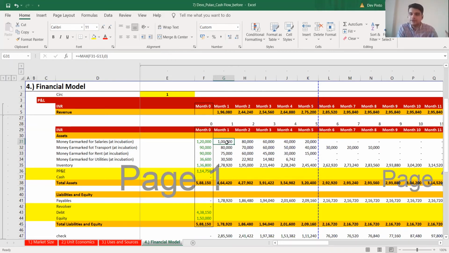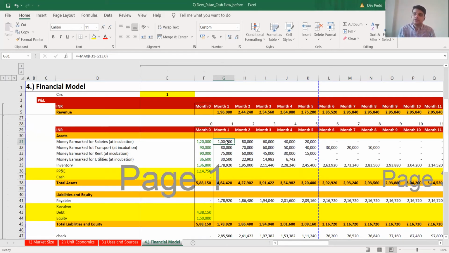If an asset goes up by, say, $100, cash has to go down by $100, as cash is the balancing entry to make the balance sheet balance. So when a current asset item goes up, cash will go down. When it goes down, cash will go up.